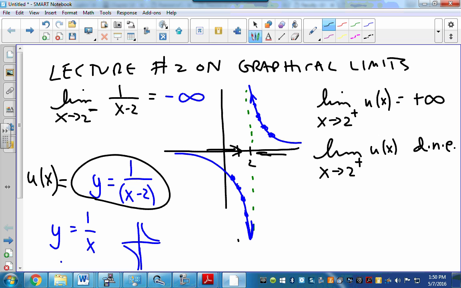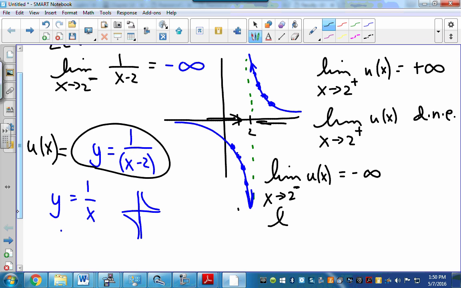That's also correct. I could say the limit as x approaches 2 from the left of this function u of x is equal to negative infinity, or I could say the limit as x approaches 2 from the left of this function u does not exist. All of these are correct answers.